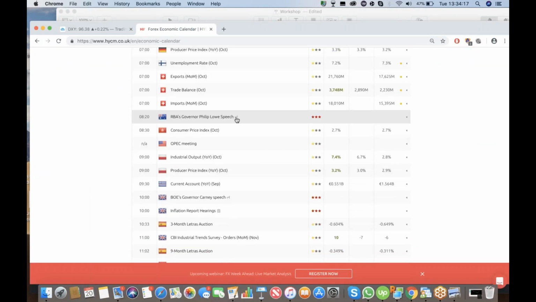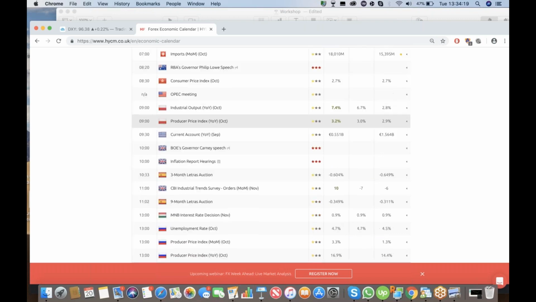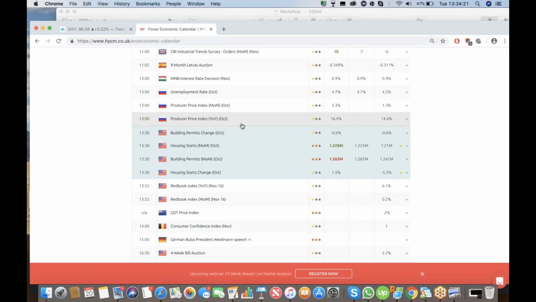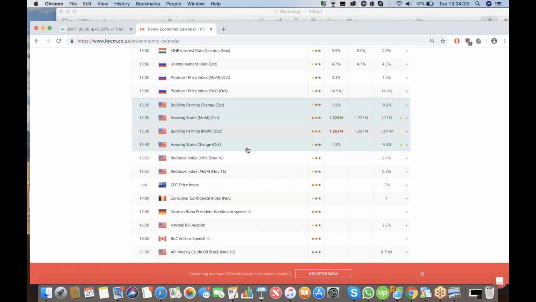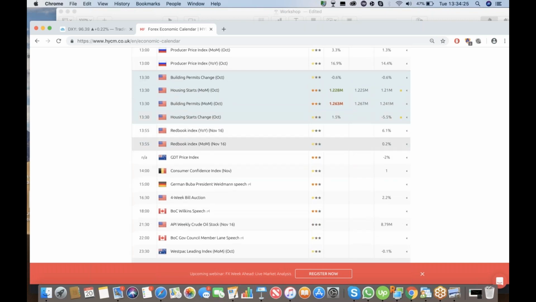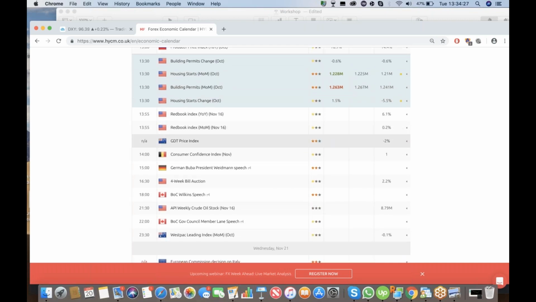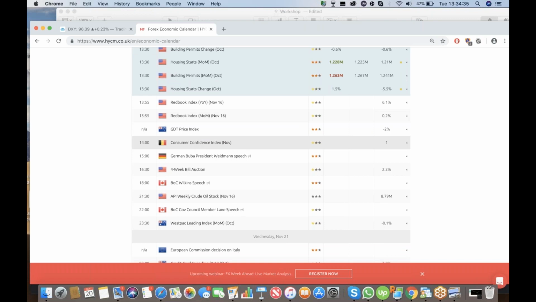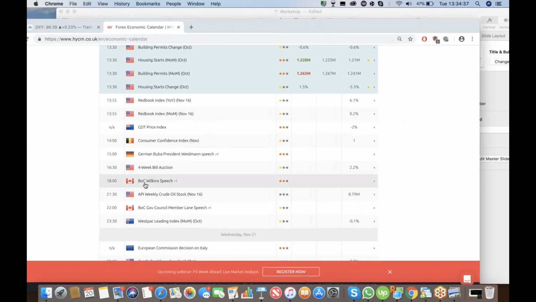We've covered the Reserve Bank of Australia's release that happened, and now we have housing starts, building permits, and then coming out at 155 GMT we've got the Red Book index. That's not market moving data. We've got consumer confidence index as well, again not market moving.